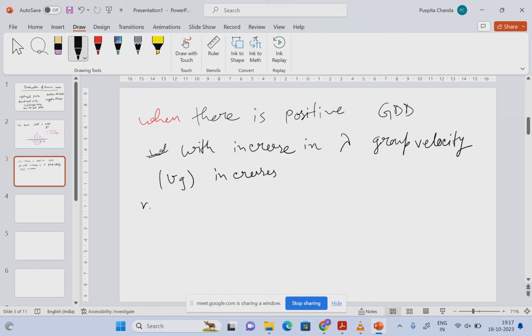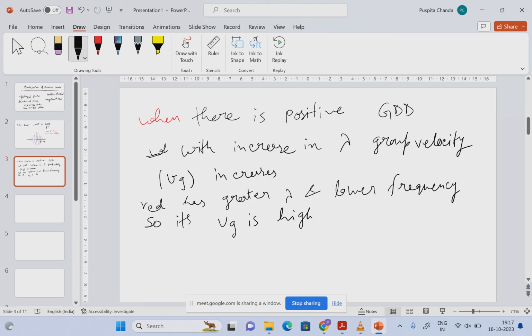So red has greater lambda and lower frequency, so its Vg is higher than blue light.